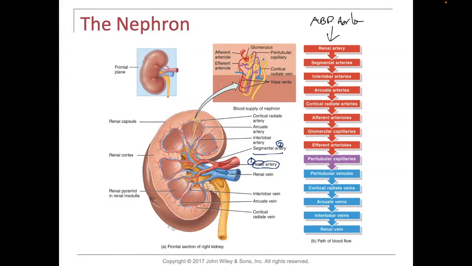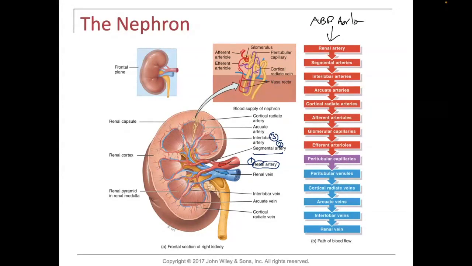Now, after the segmental, it's going to branch in between the pyramids. In between the pyramids, we're going to call these number three, interlobar arteries. So again, we have renal artery, segmental artery.